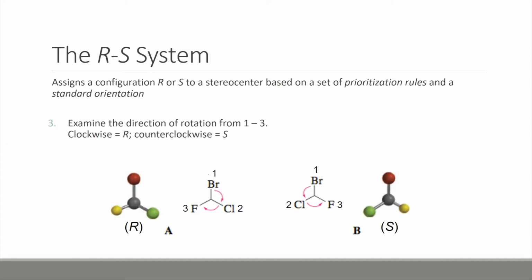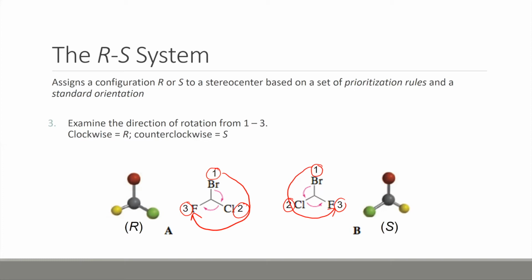So remember where you numbered things. In this case, our bromine is here. Remember that was given 1, chlorine was given 2, and fluorine was given 3. And so if we were to draw an arrow connecting these, it would look like this. Here, 1, 2, 3, our arrow would look like this if we connected it.